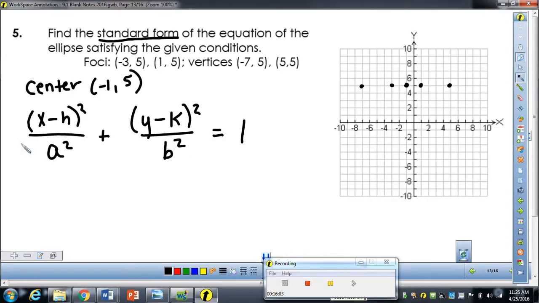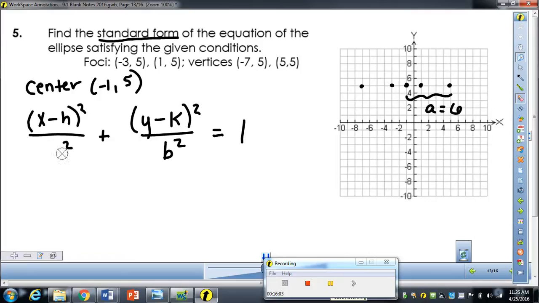We already know h and k because that's based on our center. Now, the distance from the center to the vertex in this direction here is 6 spaces. And so we're going to say that a is 6. So that's going to go under the x.